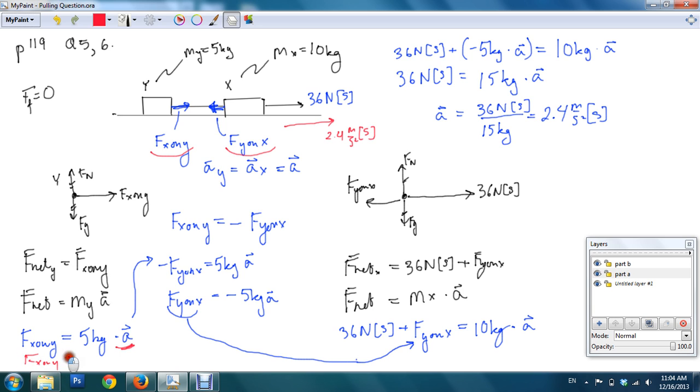Fx on y is 5 kilograms times 2.4 meters per second squared. Let me use my calculator here, 5 times 2.4 is equal to 12 newtons, and I should have included units, but this will be south. If you include units, you will see that because you're using south here, it should be there as well.